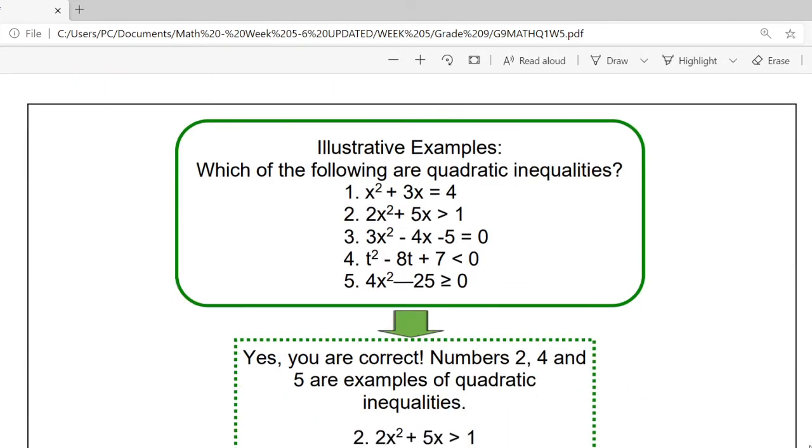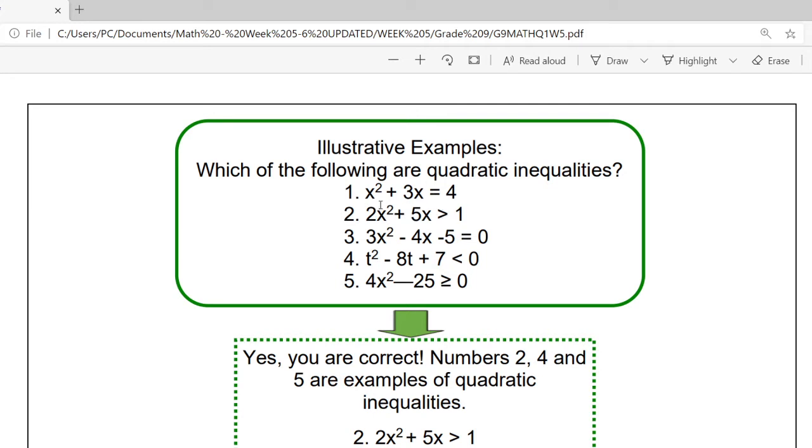Next, we have here illustrative examples. Which of the following are quadratic inequalities? Number 1 is a quadratic equation because you have the equal symbol there.